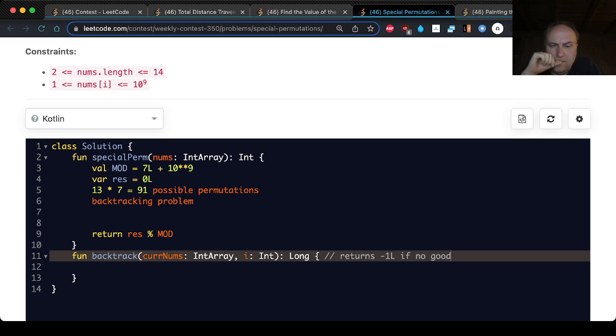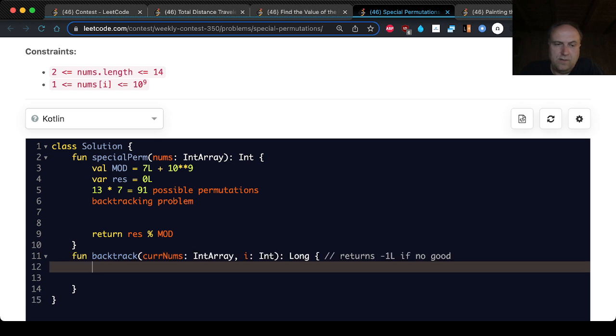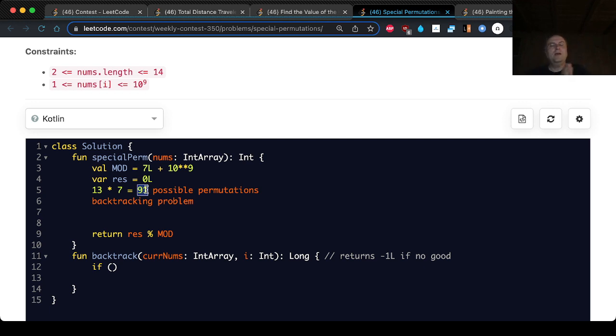Okay, so it's going to be recursive. So my base case is going to be the current item. So it's going to be like a queue or something. So I have my 91 permutations, and then, oh, it sounds like I'm making a mistake.